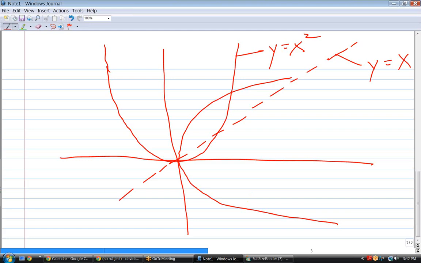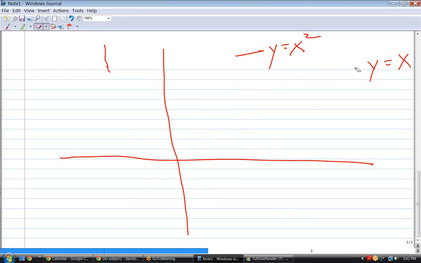In other words, if you turn a function that fails the horizontal line test and look at its inverse, it's automatically going to fail the vertical line test. And when something fails the vertical line test, it is not a function. So for y equals x squared, you wouldn't really say that it has an inverse function.